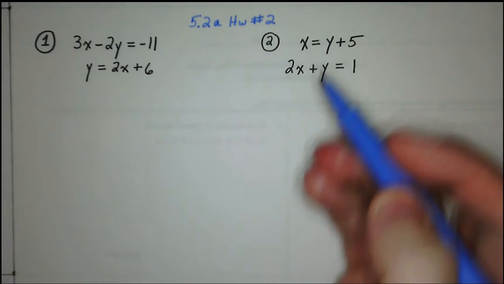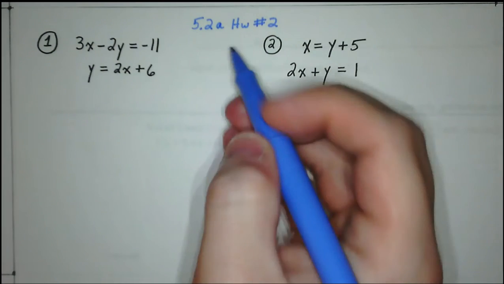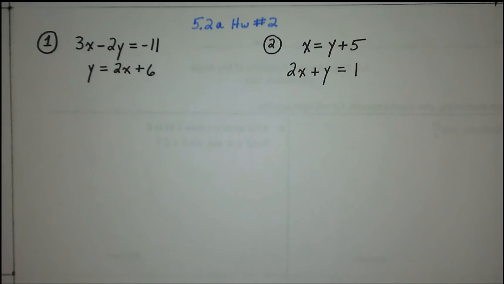Remember, homework number 1 gave you systems of equations where both equations were already equal to y. Both equations were saying y equals whatever, and then you could set the equations equal to each other.